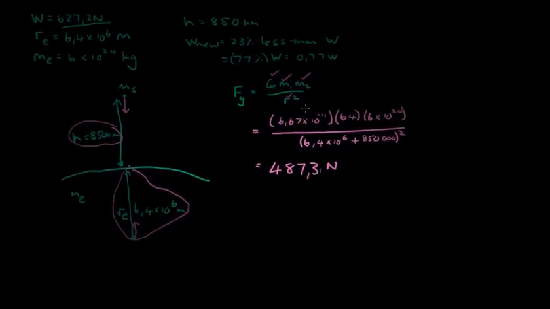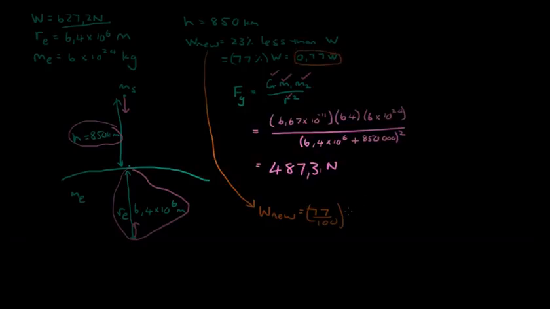Okay. So we use this expression here, that the new weight must be 23% less than the old weight of W. So what did we actually need to get? What we actually wanted to get was 77%, or 77 over 100. That's what 77% means.